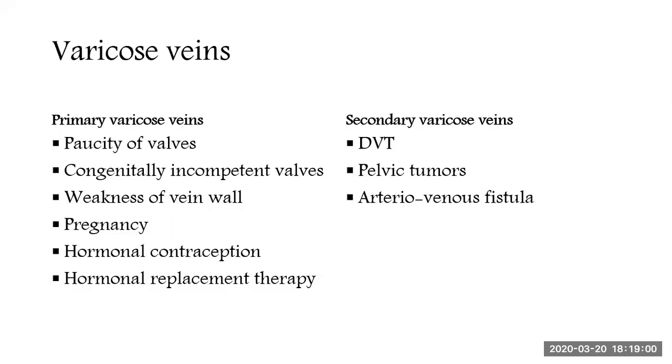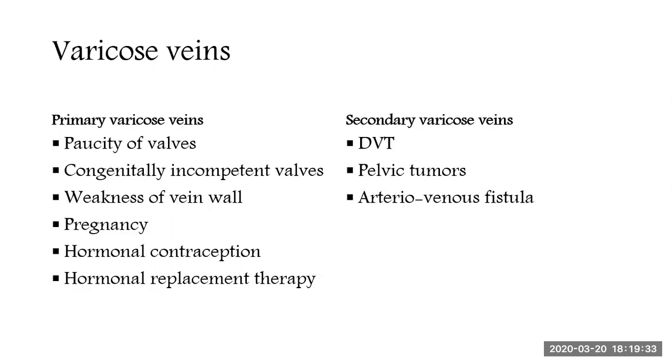factors or pathological conditions that affect the veins in the following ways. DVT can be complicated by secondary varicose veins due to destruction of the valves inside the veins after recanalization of the thrombus, which occurs in acute DVT. Second is a pelvic tumor, which could compress the vein, resulting in secondary varicose veins.